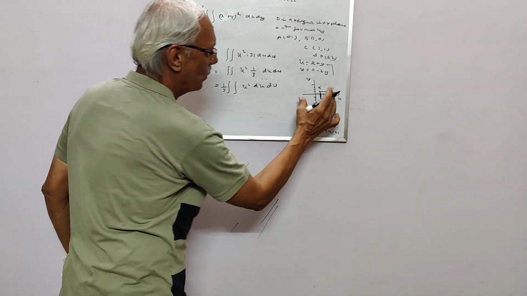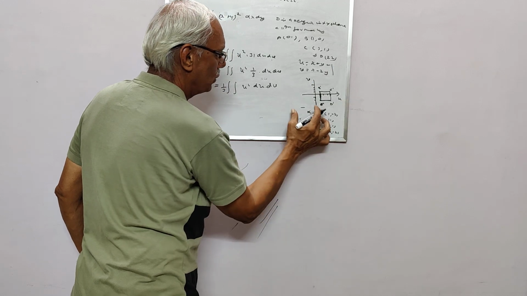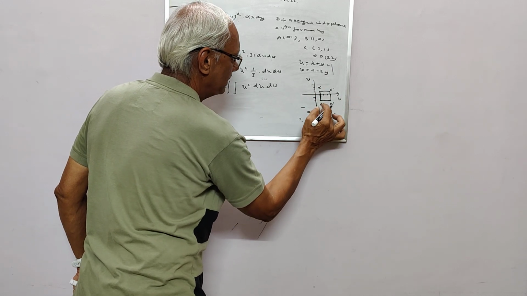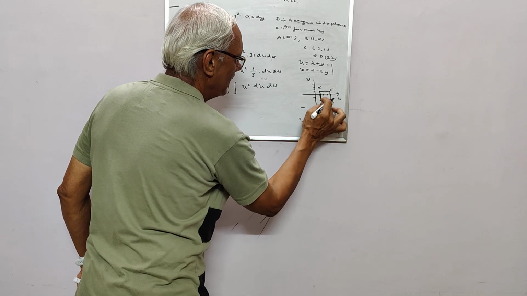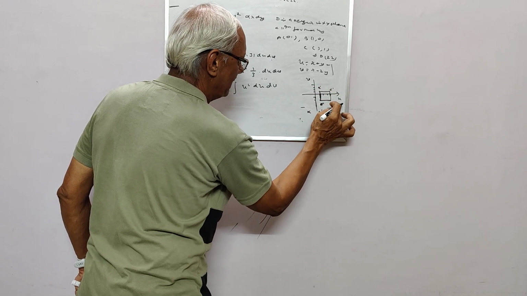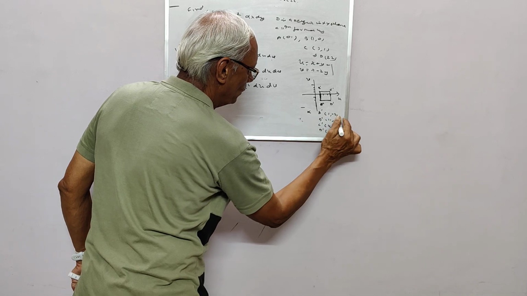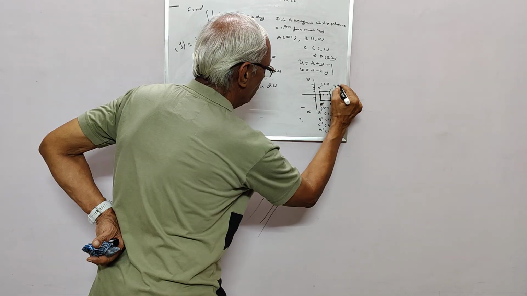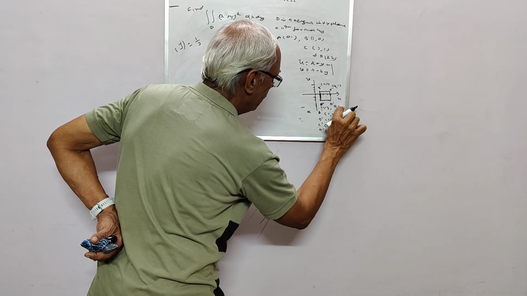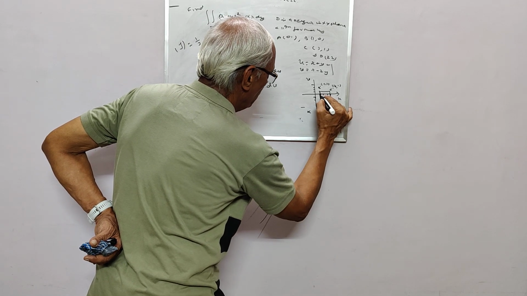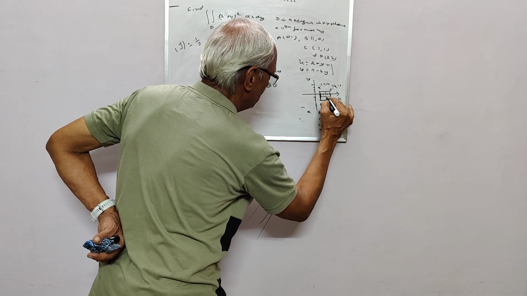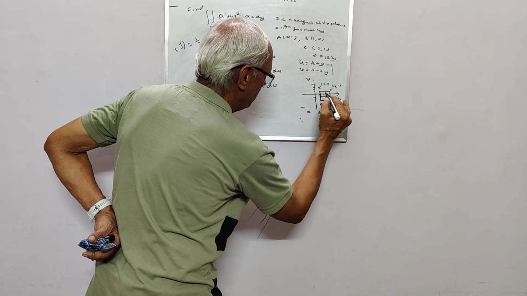Now you see that you have got here the uv domain, that is a dash, b dash, c dash and d dash. I have given you the points here, coordinates 4, 1, this is 4, minus 2, and now you see that if you draw like this, then I am going to determine the limits.